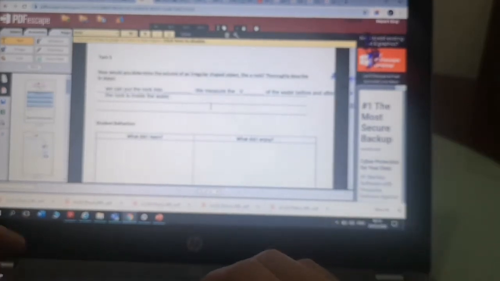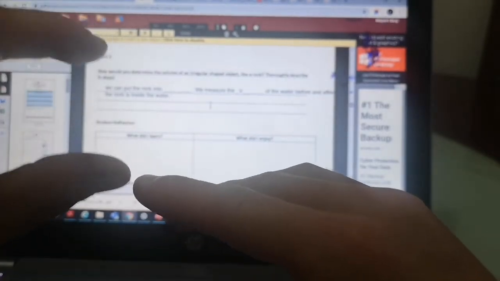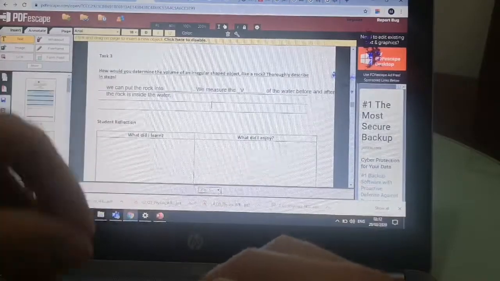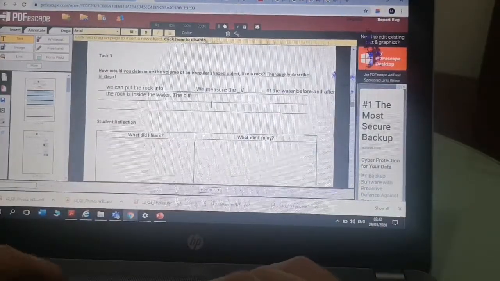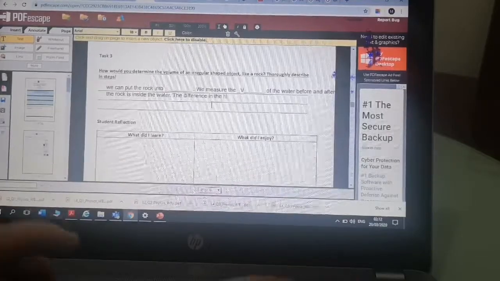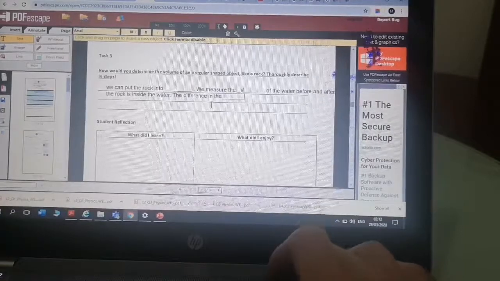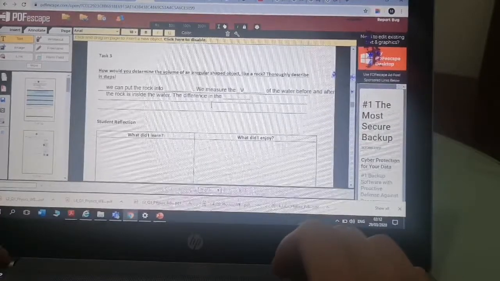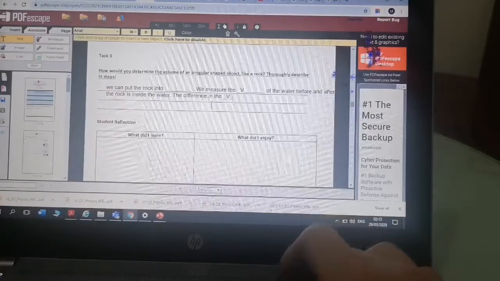Now there will be some lines on the side to tell you that volume. And the difference between those two, the difference in the height, that amount of water is the volume of the rock. So the difference in the, again, is that keyword.